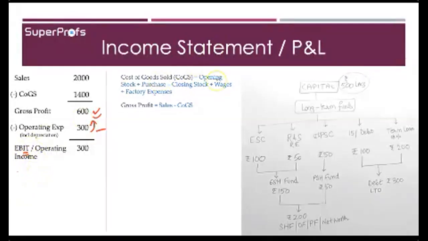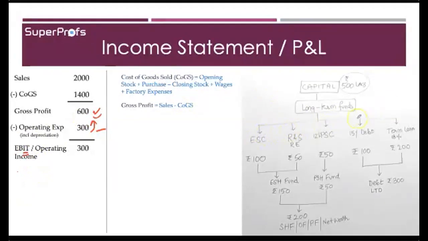Now let's go to the example that we had taken. In this firm of 500 lakh rupees capital, the sources of funds were your equity share capital, reserves and surplus, preference share capital, debentures and term loan.